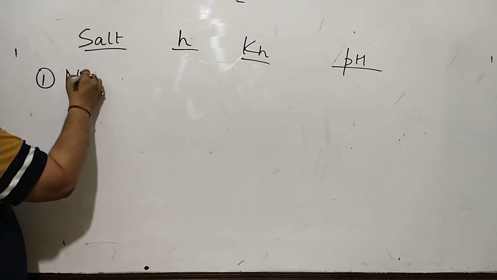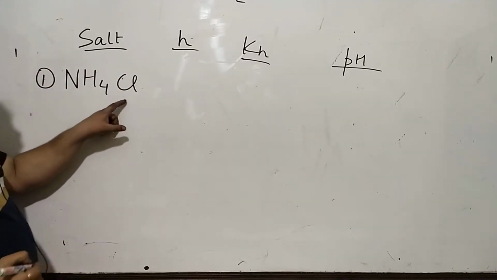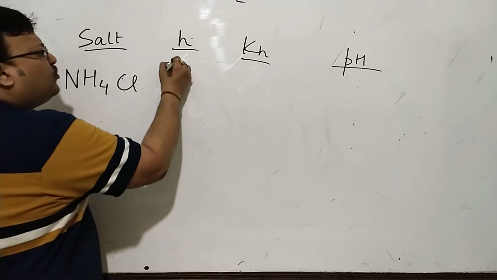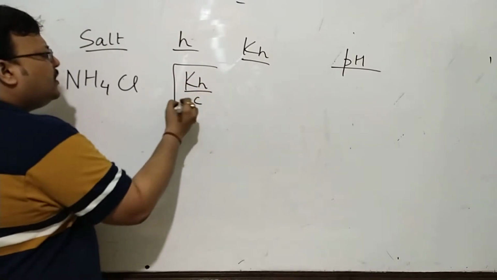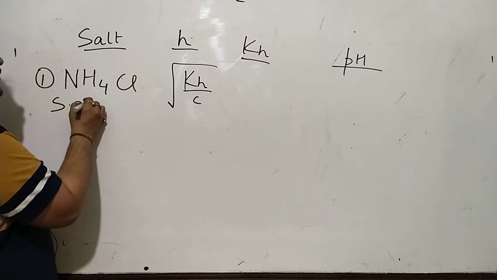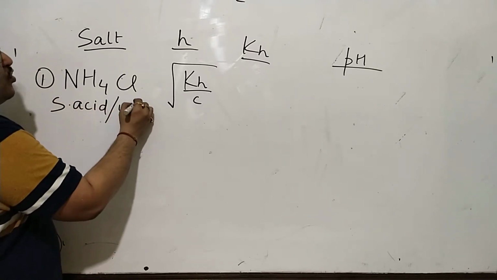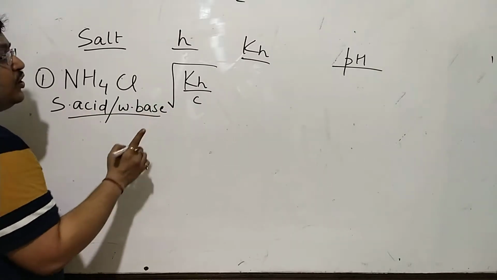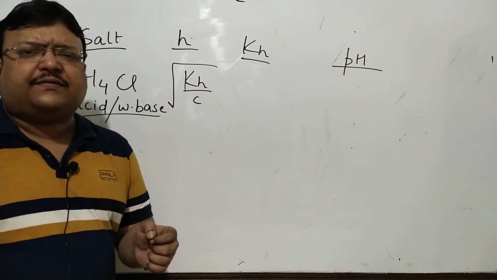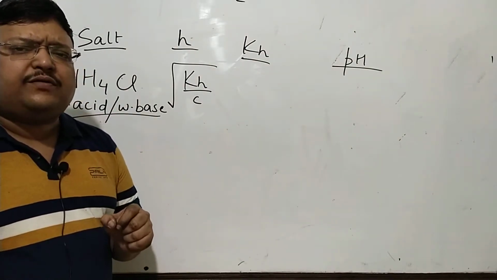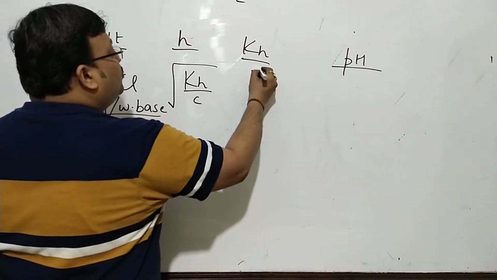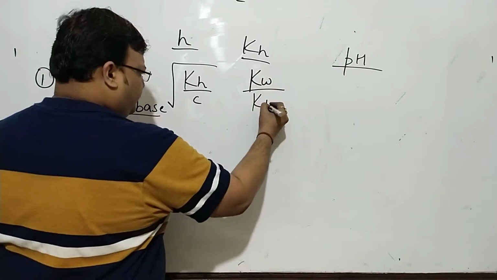Ammonium chloride, a salt of strong acid and weak base: h is equal to root over Kh by C. The moment I say strong acid, weak base, you think about Kb. Naturally, Ka and Kb are for weak acids and weak bases. They are not for strong acids and strong bases. So the moment I say strong acid, weak base, you think about Kb. So Kh is Kw upon Kb.